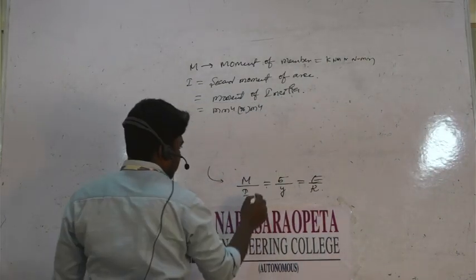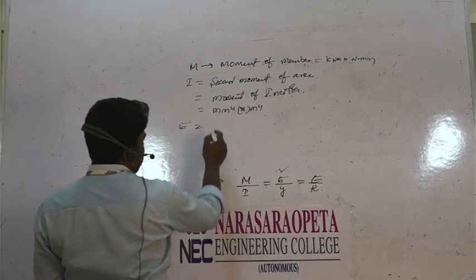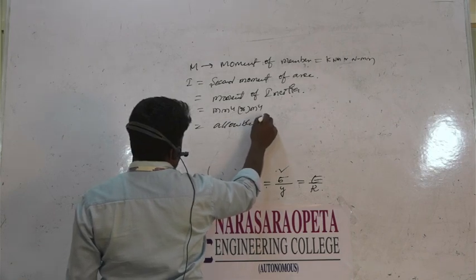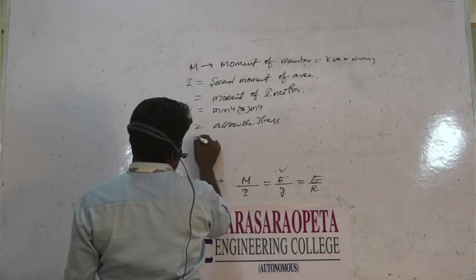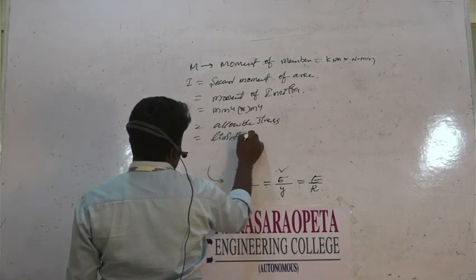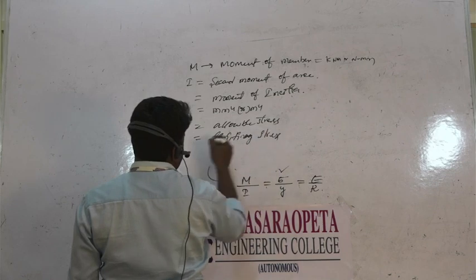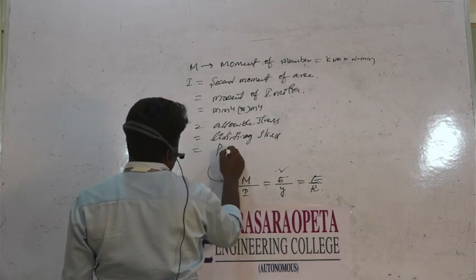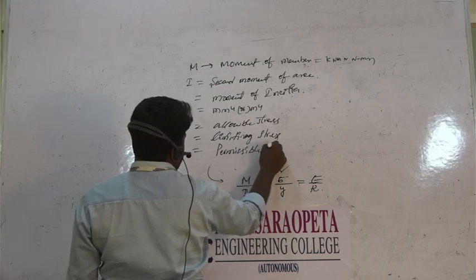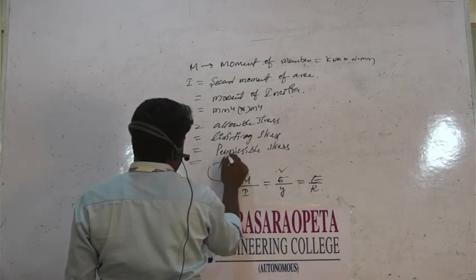Then next, sigma. Sigma has different names, that is allowable stress, limiting stress, permissible stress, and flexible stress.